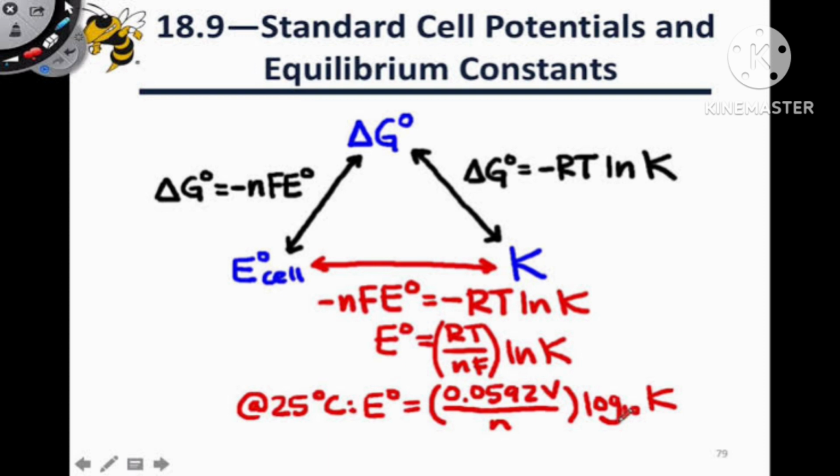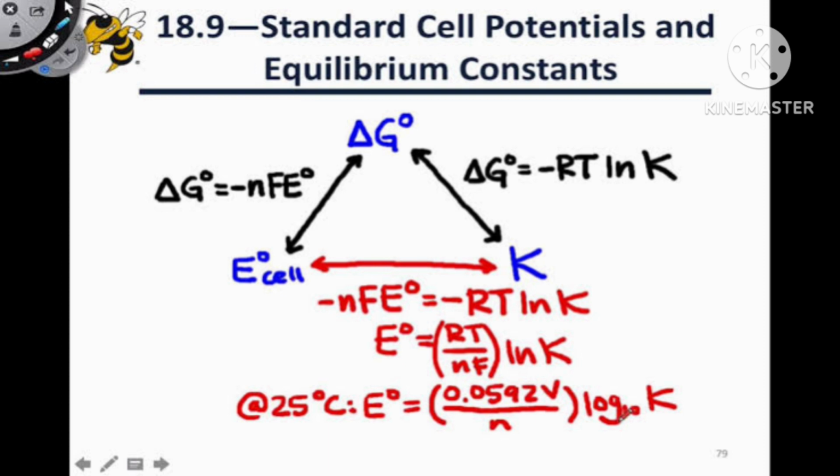Then standard delta G is equal to minus nFE cell. E means E cell, standard E cell, because you are applying standard conditions. Then you get delta G is equal to minus nFE.